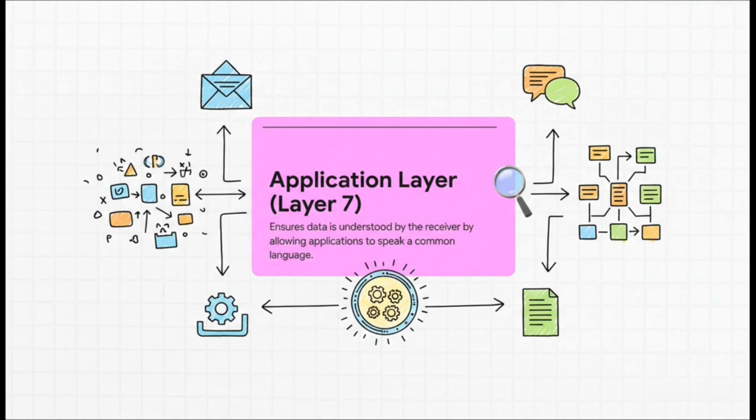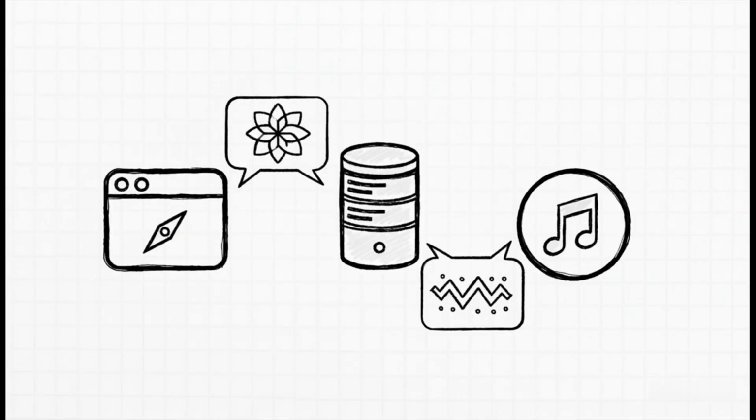It's basically a universal translator, making sure that the data sent by a program on one computer can be perfectly understood by the program on the other end. And the way it does this is with something called protocols. A protocol is really just the specific language that an application speaks. Just like you and I need a shared language to communicate, so do applications. And just like the port number, the protocol that's being used is also specified right there in the packet's header.